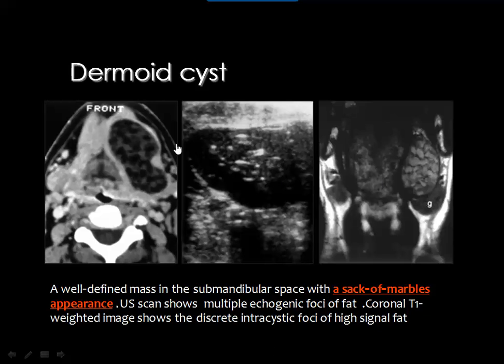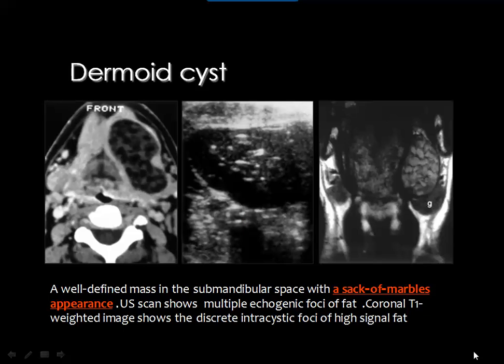And here by ultrasound you know that fat will show very bright echoes or be echogenic, while in the CT scan the fat will appear of dark density, and in the MRI T1 weighted image the fat will show bright signal. But this is not a lesion which is exactly in the midline, but the presence of this sack of marble sign or appearance is diagnostic for dermoid cyst.